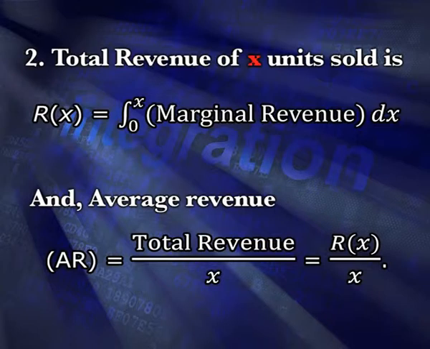This is equal to the integration from 0 to x of marginal revenue dx, and the average revenue AR is equal to total revenue divided by x, that is R(x)/x.